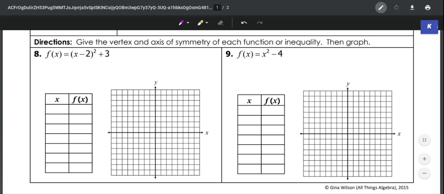So with the vertex form, the first thing you're going to do is very similar to how we did standard form. You're going to find the vertex and the axis of symmetry, although you really don't need the axis of symmetry as much as you need the vertex. Our vertex comes directly from h and k. The only thing is you have to make sure that when you pull out this h, the sign flips.